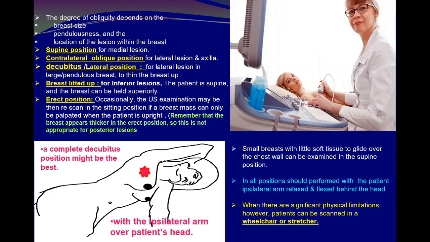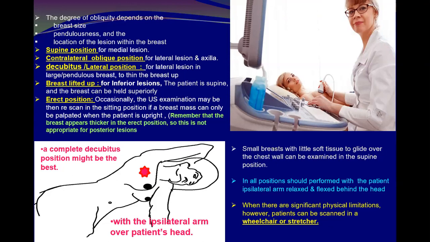But remember that in the erect position, the breast will be thick and the posterior portion will be difficult to evaluate. So you need to let her lie down again and re-scan her.